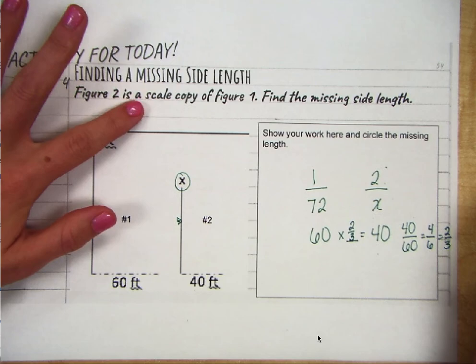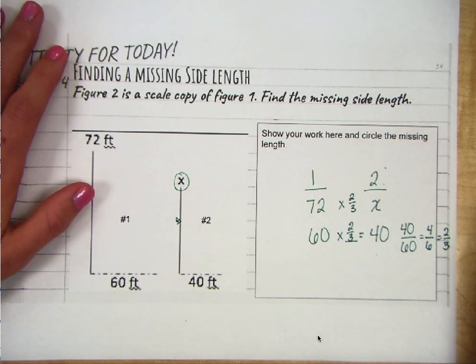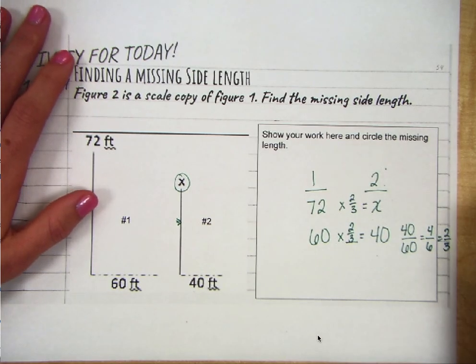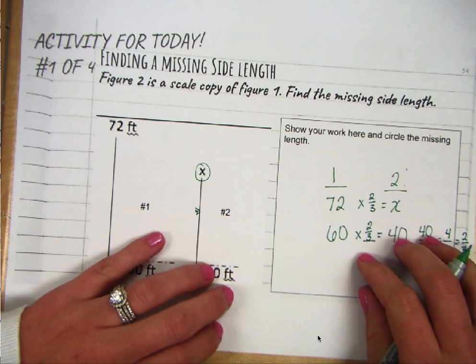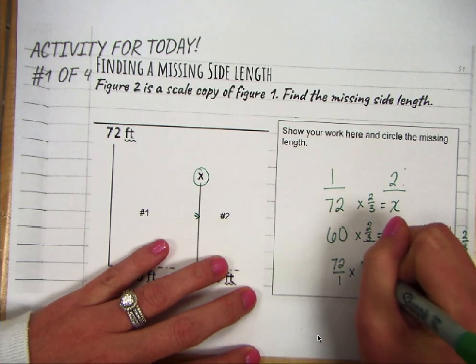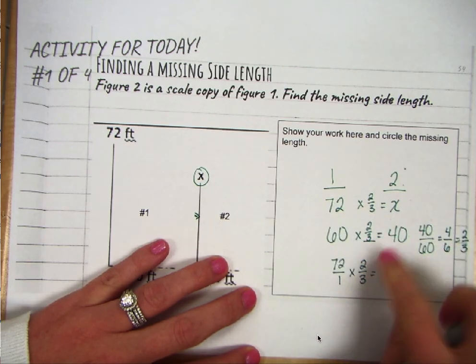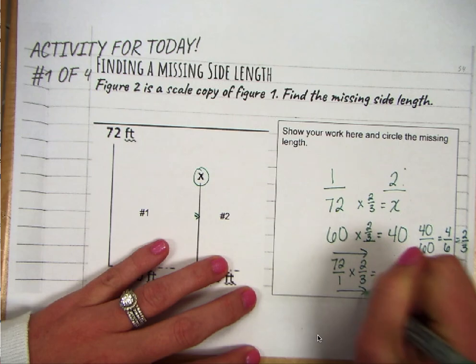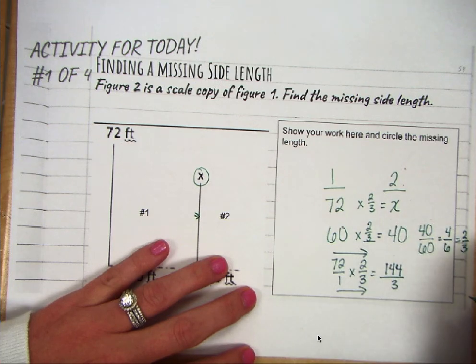Because these are scaled copies, I know that my scale factor is the same in the first set of corresponding parts. So let's do 72 times 2/3. Excuse me there. So I'm going to do 72 over 1 times 2 over 3. 72 times 2, remember multiplying fractions, we multiply straight across. I get 144 and divide that by 3.